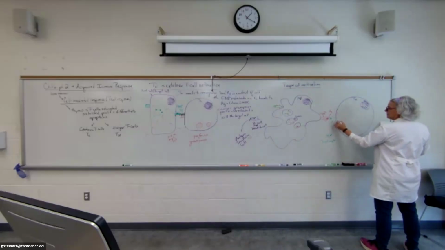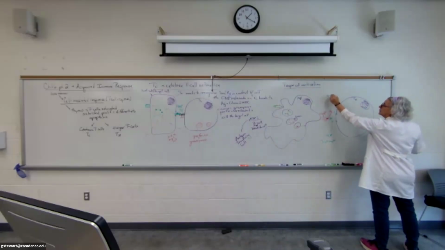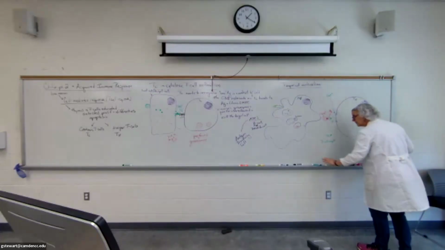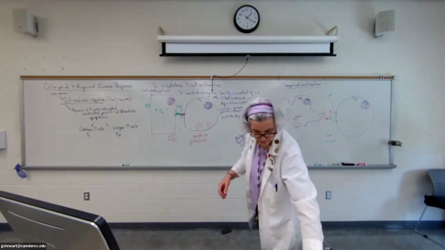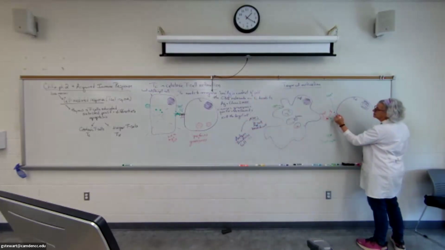So I've got that. I've got some CD3 molecules here. Those are going to be in blue. CD3. Those are the blue things. And as part of that CD3, I guess I'll use red for that. Embedded in that, there's going to be some CD4 in this case because they're helper cells.